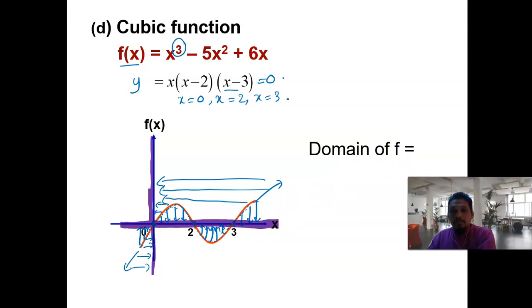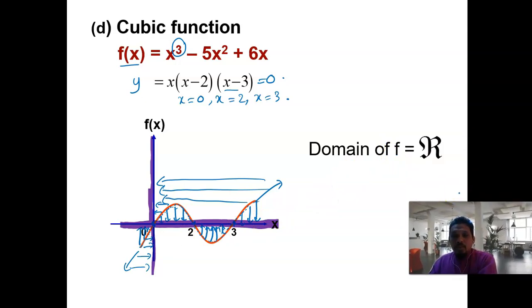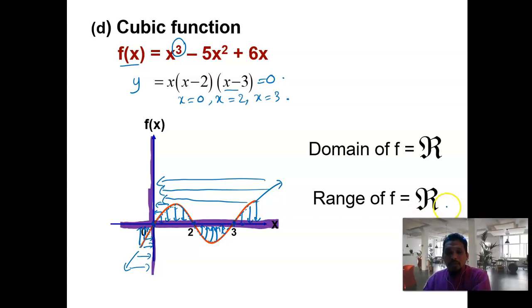The domain is all real numbers and the range is also all real numbers. This is just the graph of f(x) fitted into this picture, but actually this graph continues from negative to positive infinity.